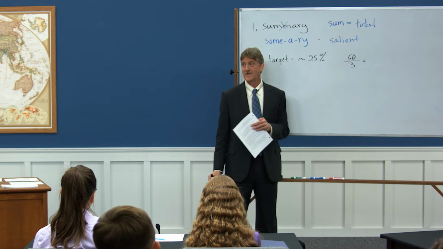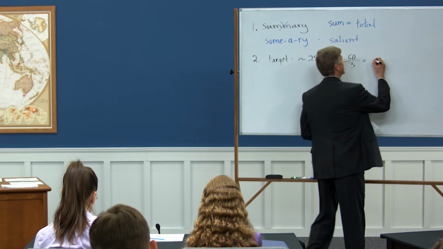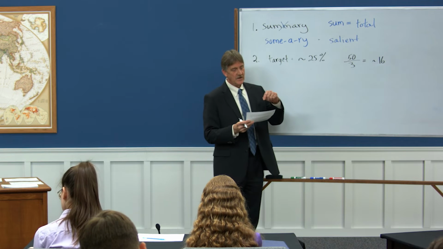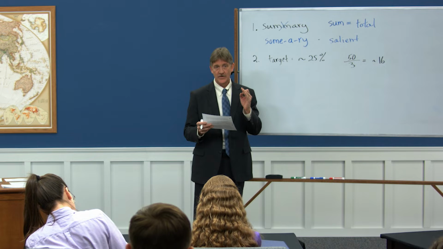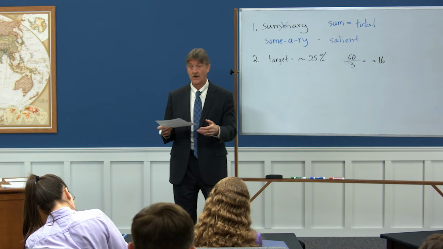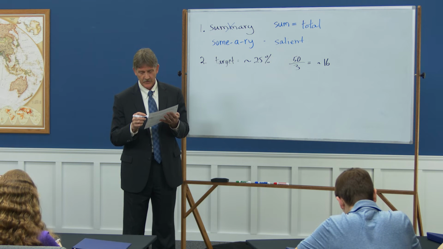Sorry, I think you're off by a digit. 16.3. 16.3? Okay. So approximately 16. So what we then know is that on this page, there's an average of 16 words per line. Fair enough? Now we just count the lines. 1, 2, 3.